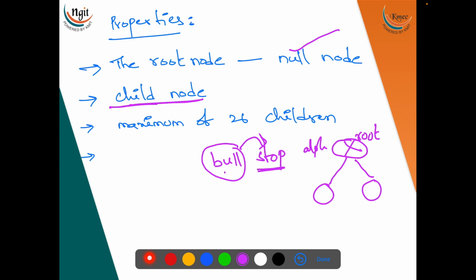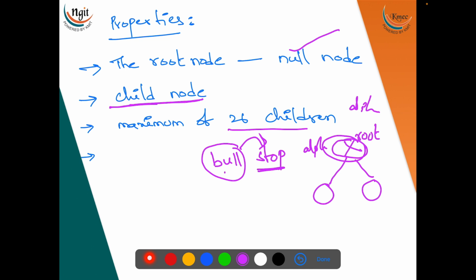That means the child nodes of the root node will be generated in sorted fashion, and each node can have a maximum of 26 children. As I told you, we store only words, and words can be framed with only 26 alphabets, so a node can have at most 26 children.